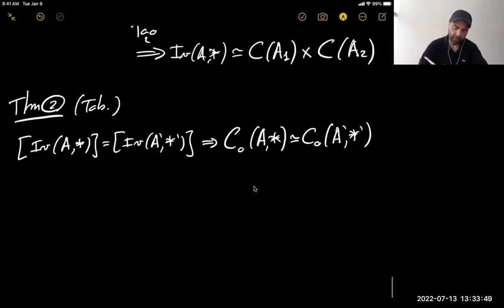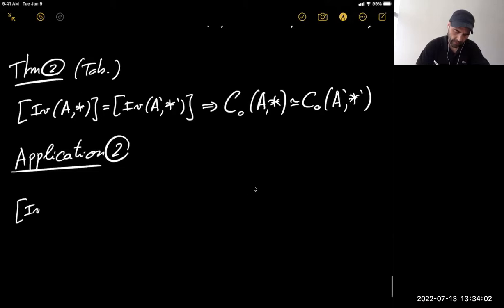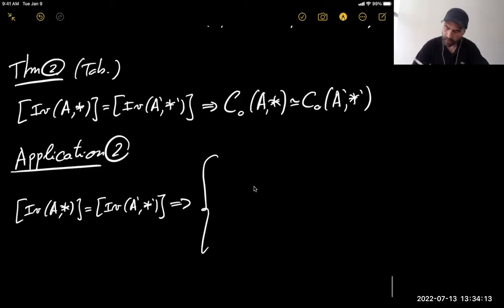And in the same spirit, since the even Clifford algebra contains a lot of information, implication number 2 is, as before, that if they have the same Grothendieck class, then they are actually isomorphic, and this in all dimensions, and the degree of A is less than or equal to 4.